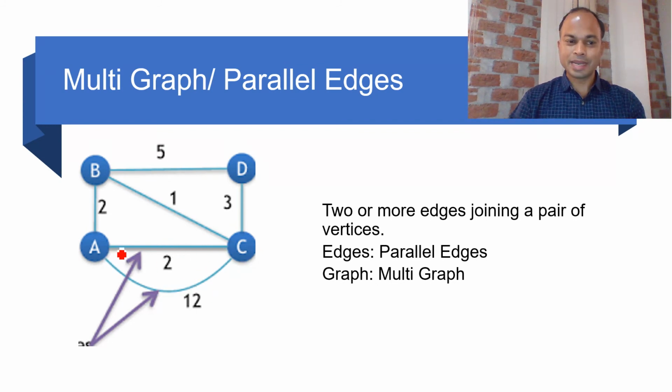I mean directly vertex A and C are joined by 2 or more edges. Then this concept is called parallel edges. And such a graph is called a multigraph. At the graph level, this graph is a multigraph. At the edge level, this particular edge and this particular edge are parallel edges.